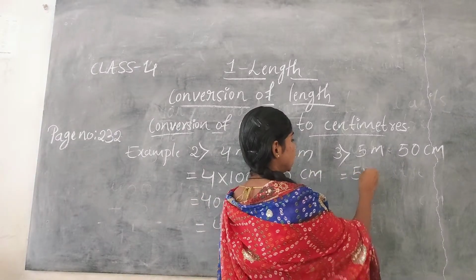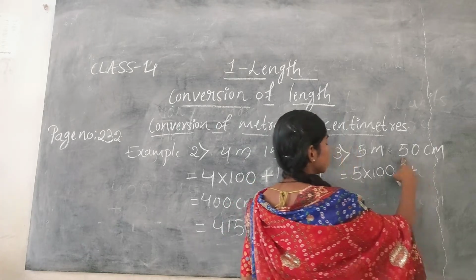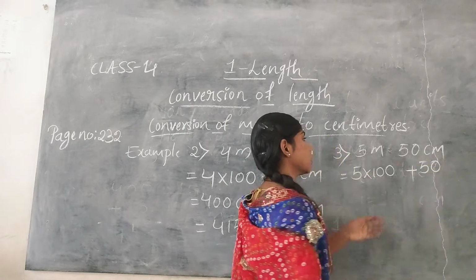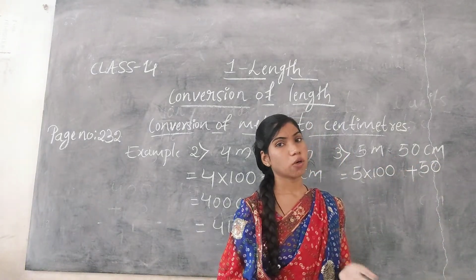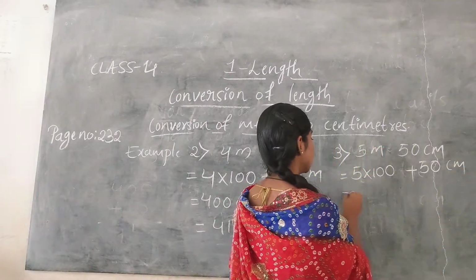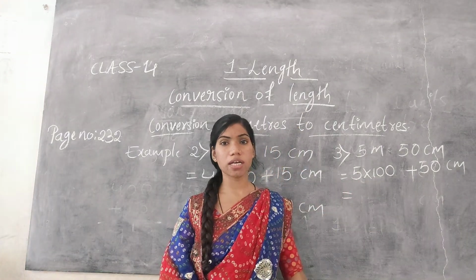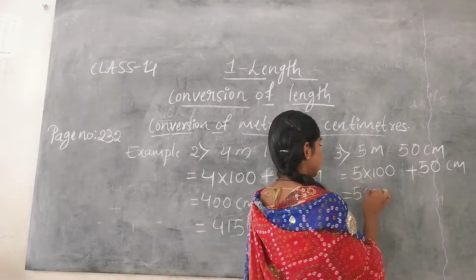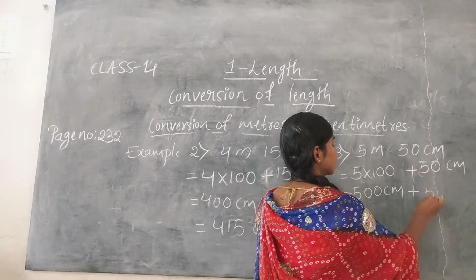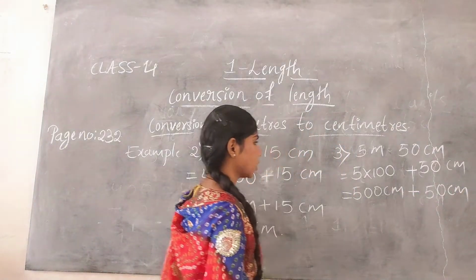So 5 into 100 plus 50 centimeter as it is, because 50 is already in centimeters, so no need to convert that one. Then 5 into 100 is 500 centimeter plus 50 centimeter.